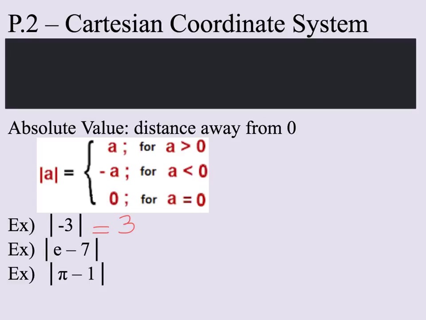Now e looks like a variable, but remember e is a number, so we have to figure out what that is. If we were to take e, which is approximately 2.71, and subtract 7, we would get a negative value. So e minus 7 inside the absolute value is a negative value.